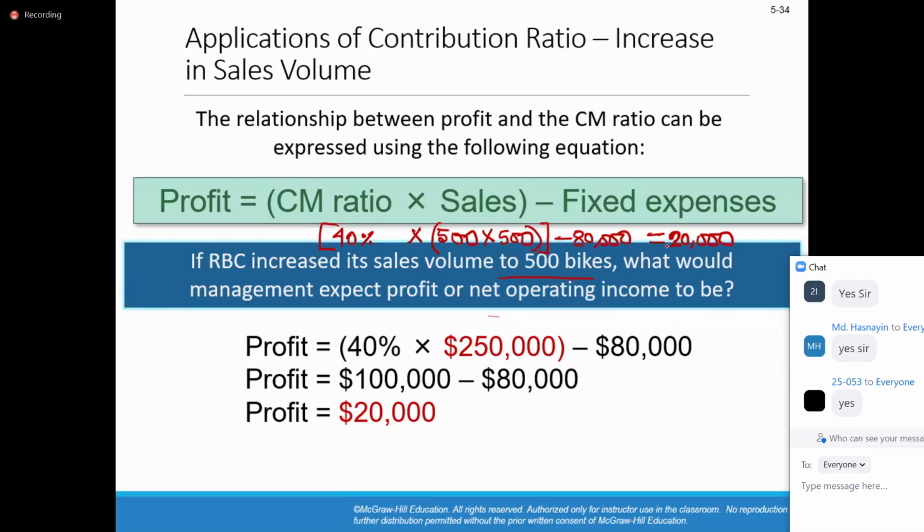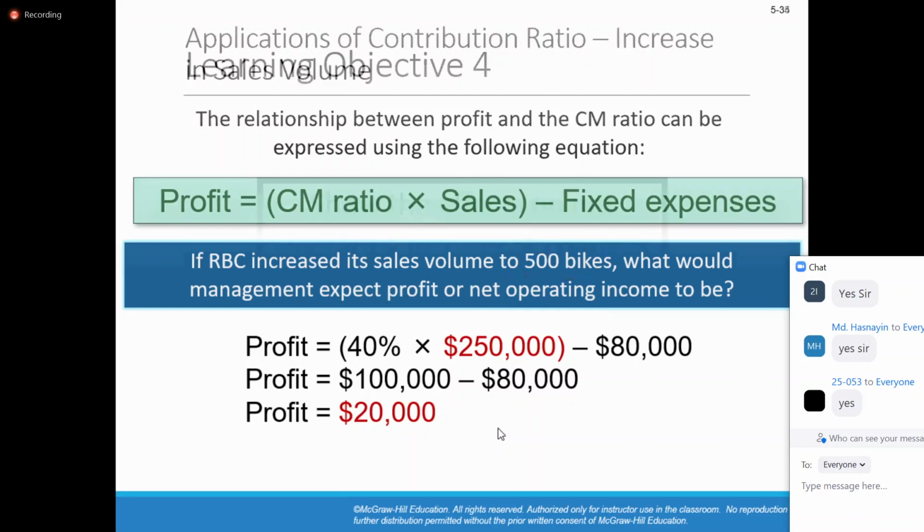Here, in the 500 bike sales case, we see a total profit of 20,000. I mean, the total profit here means the net operating profit. So this is the way contribution margin ratio can be helpful or useful.